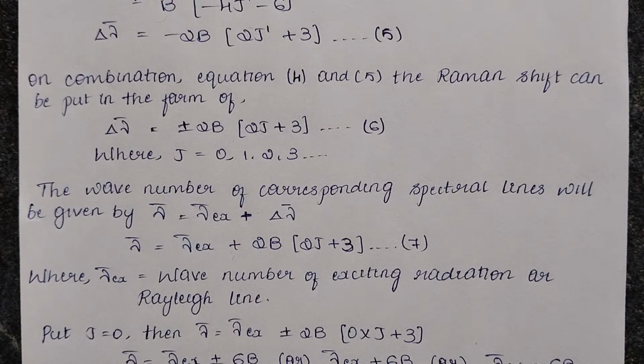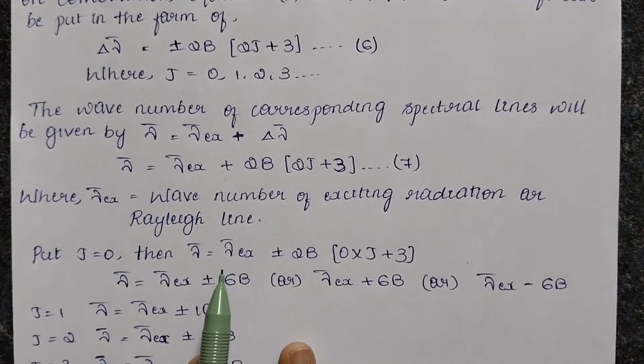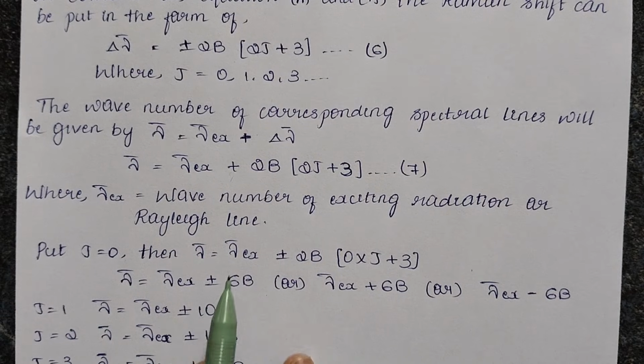Now we'll put different values of J, that is 0, 1, 2, 3, and let us see the value that we get. Mu bar is equal to mu bar Ex, that is excited radiation, plus or minus 2B into 2J plus 3, and so we'll get the value of mu bar as mu bar Ex plus or minus 6B, or plus 6B or minus 6B.